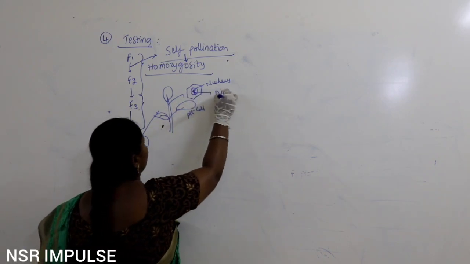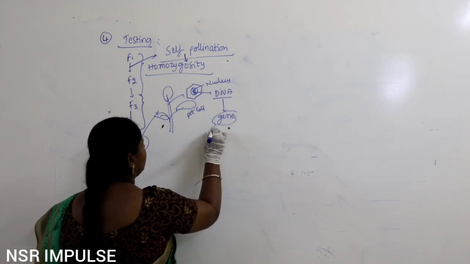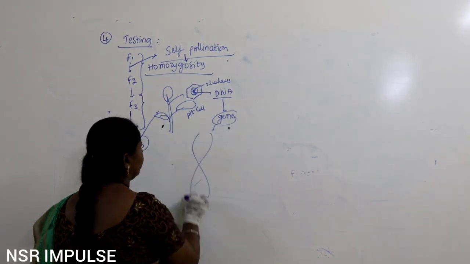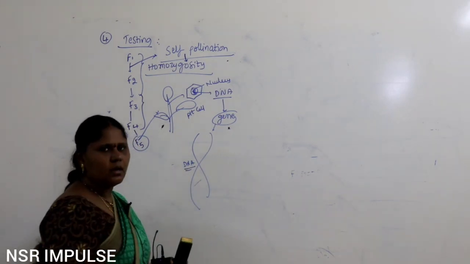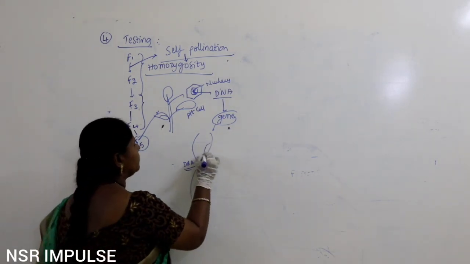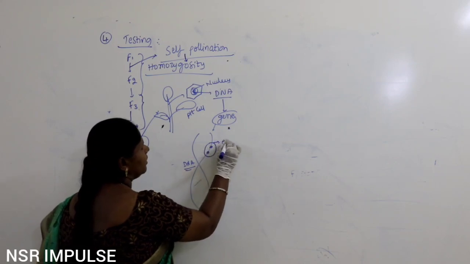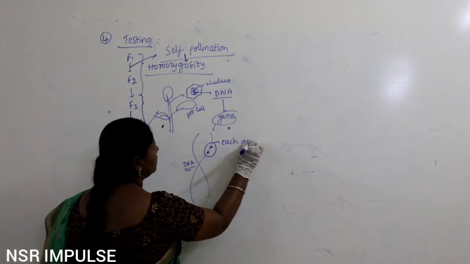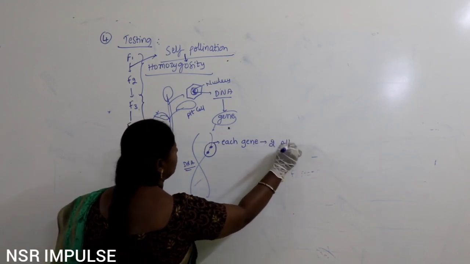DNA contains genes. On the DNA you find the gene. Each gene contains 2 alleles. You will come to know this later.